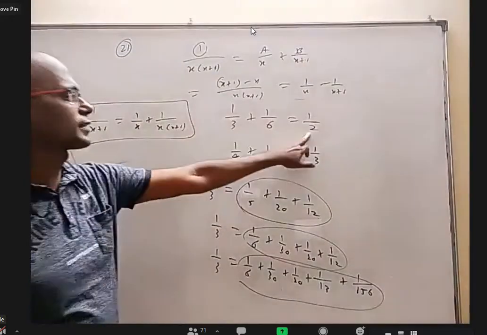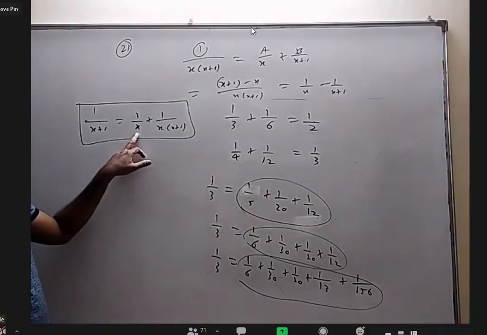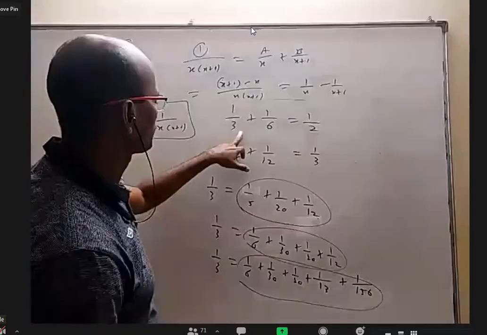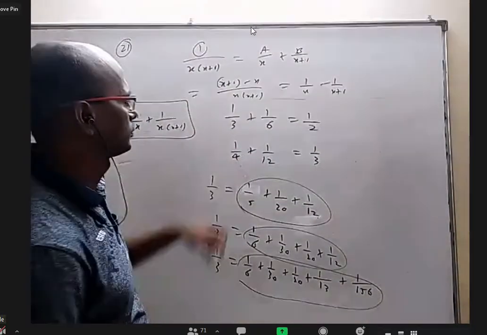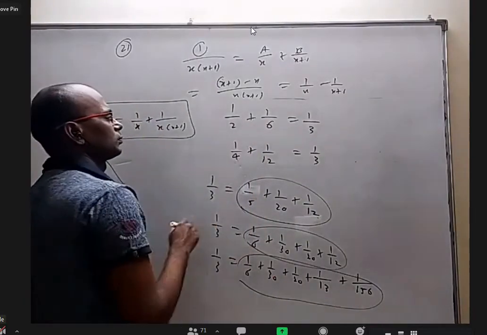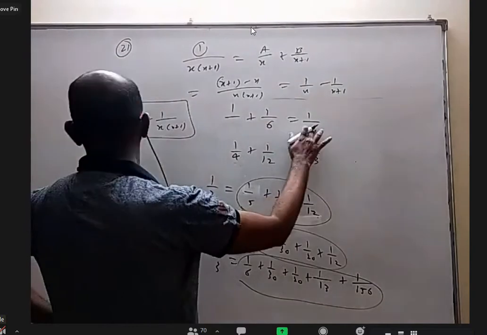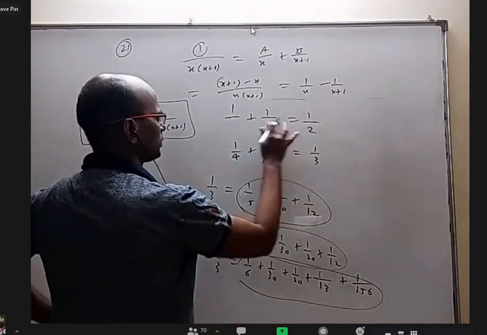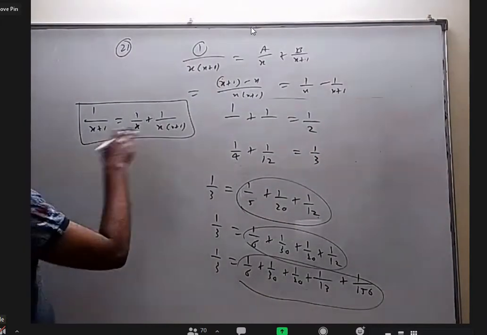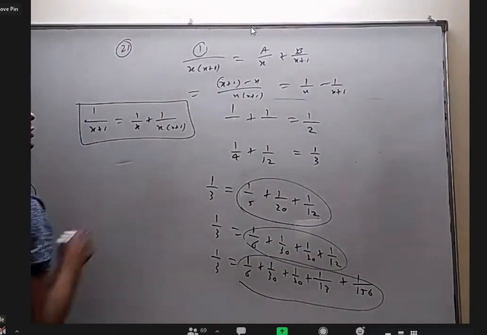For example, I took x equal to 3, then x equal to 2. Sorry, what did I write here? Is it right? This should be 3 and this should be 2. Wait, if I want 2 there, x should be 1, then 1 plus 1.